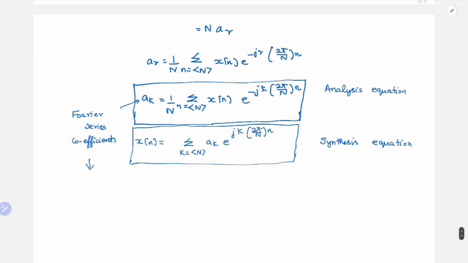And this is also called the spectral component or spectral coefficients of x[n]. Why?